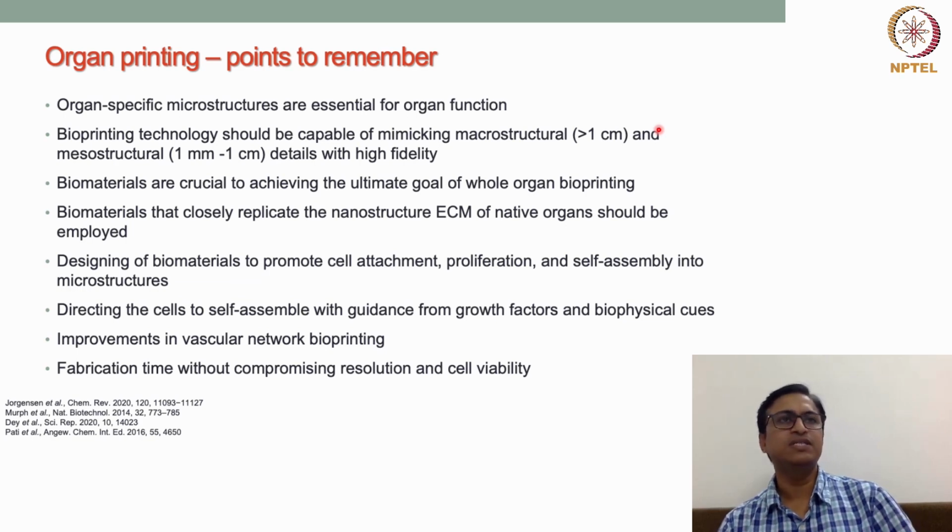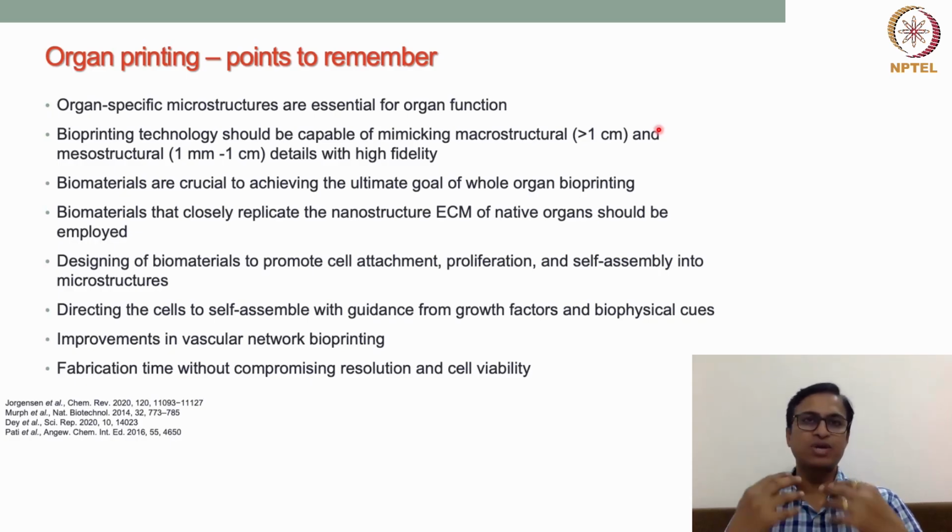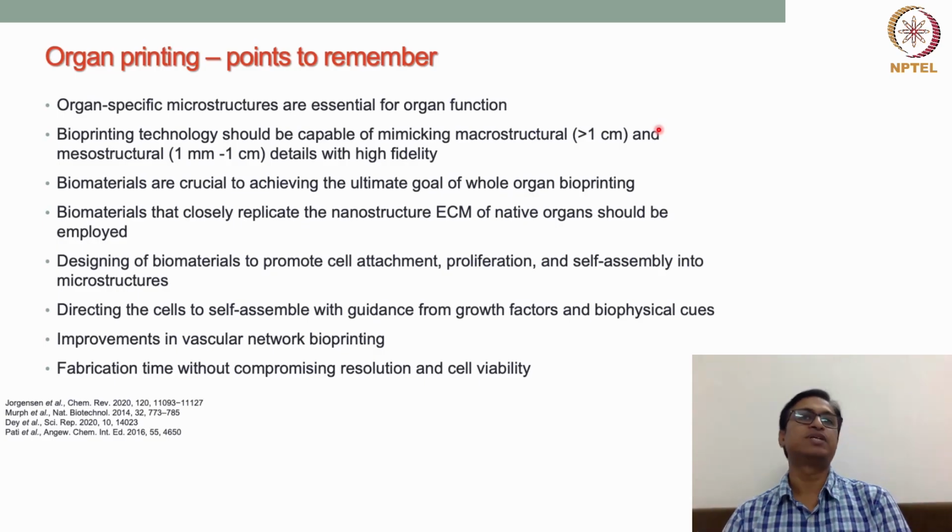Now, biomaterials are very crucial for achieving the goal of whole organ bioprinting, because cell self-assembly or cellular assembly can be employed, but reaching centimeter-scale tissue this way is very difficult. So there we need biomaterial-based approaches.